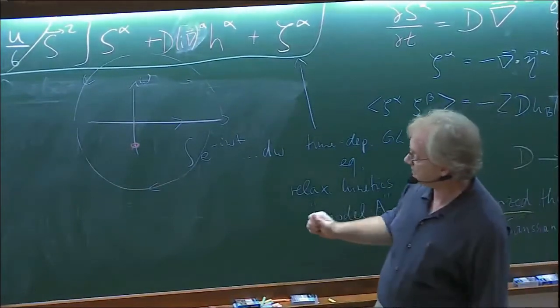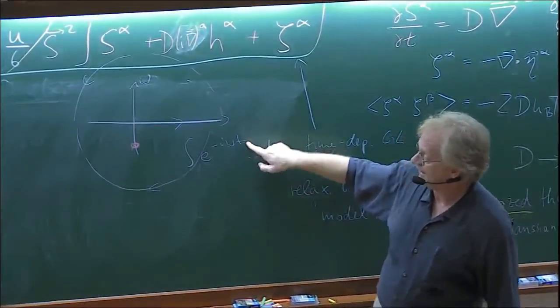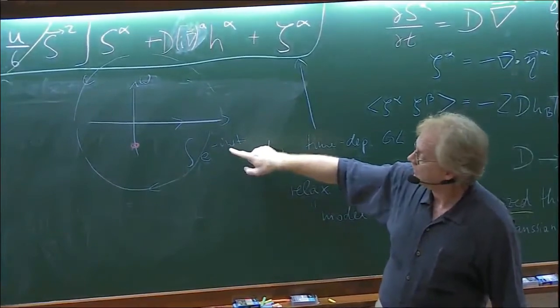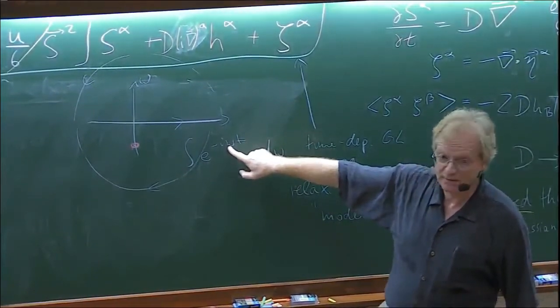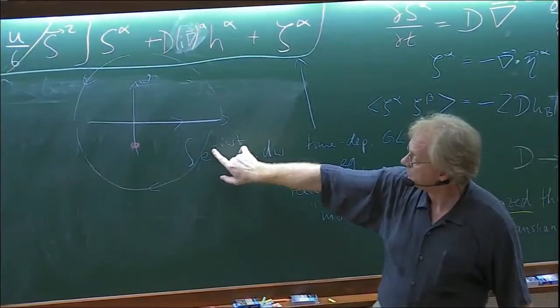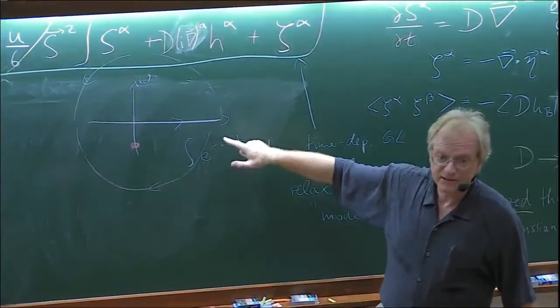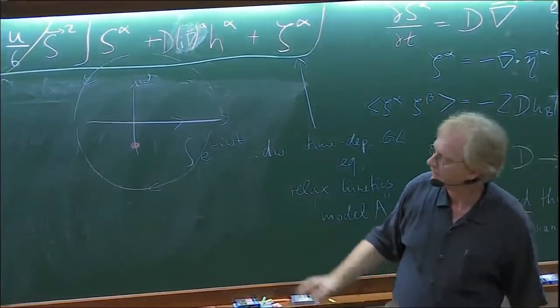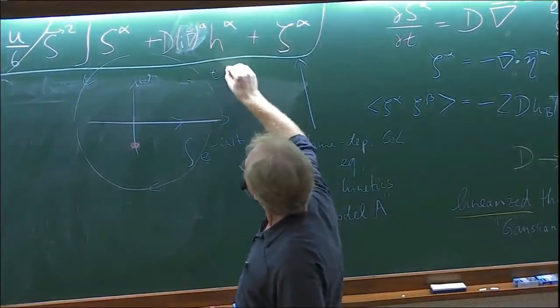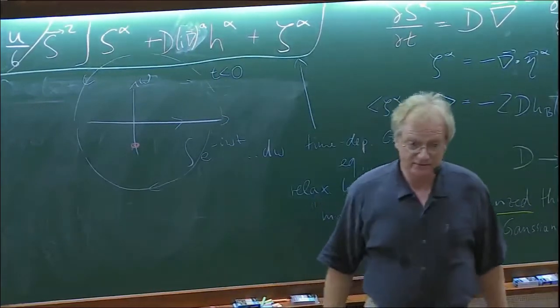Choosing rightly means if t is negative, I need to get to positive imaginary parts of omega, right? Because minus t is positive. Positive imaginary parts gives me i squared times something positive, which is negative. So I have to close this contour upstairs for t less than 0.